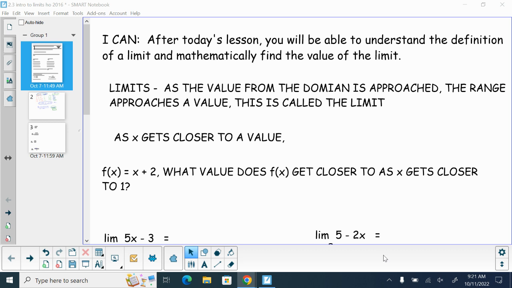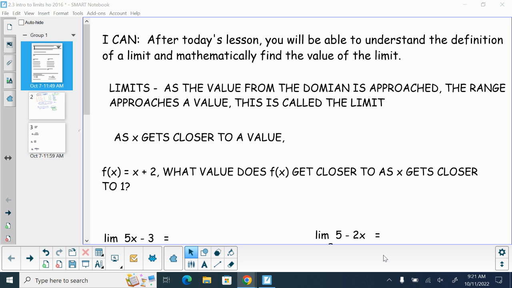When you're looking at a limit, as a value from the domain is approached, the value from the range approaches a value. This is called the limit. So you basically have two moving objects here on a graph. x is going to get closer to a value. What is y getting closer to with respect to our function?